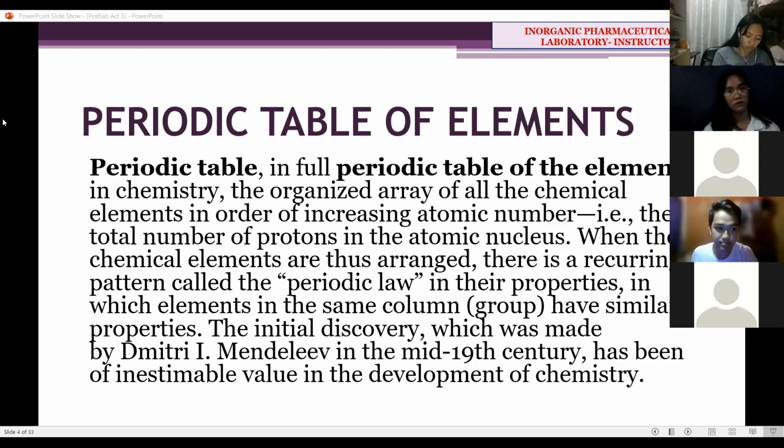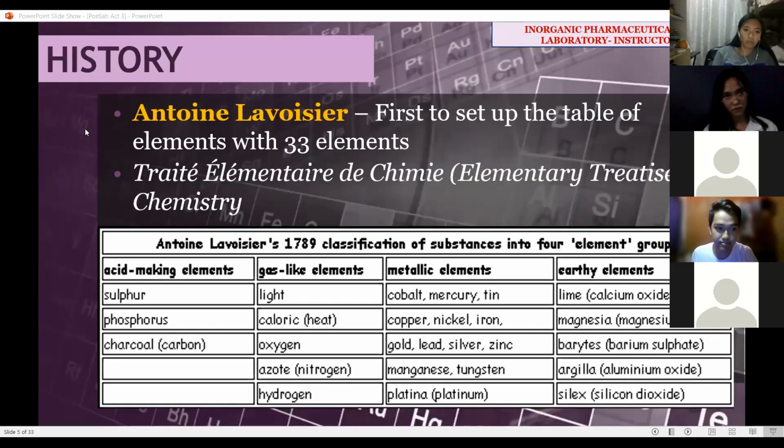Pero as reported by your classmates, we have lots of names that contributed in the development of the modern periodic table, starting from Antoine Lavoisier. Lagot dyan ko mag-pronounce sa niyang pangalan. Bahala na mo paano nila na i-pronounce, but anyway, Bisaya man tanong sa Lavoisier.